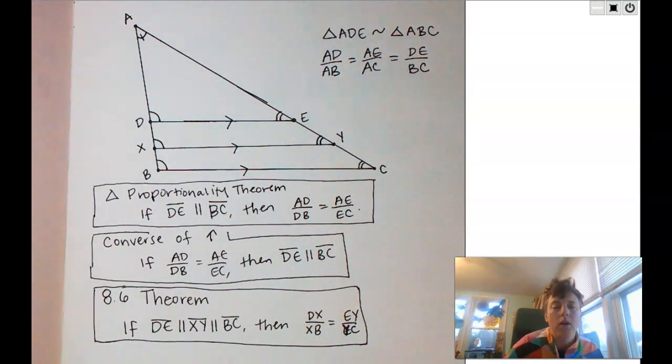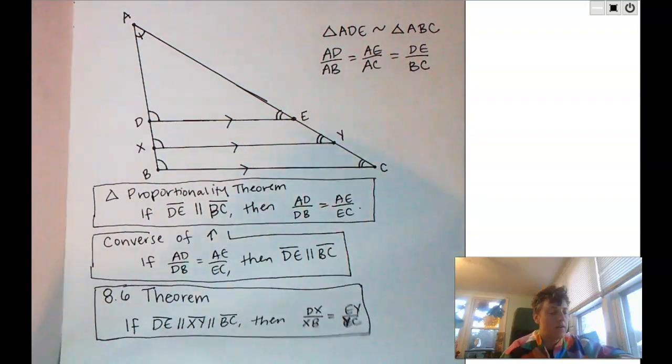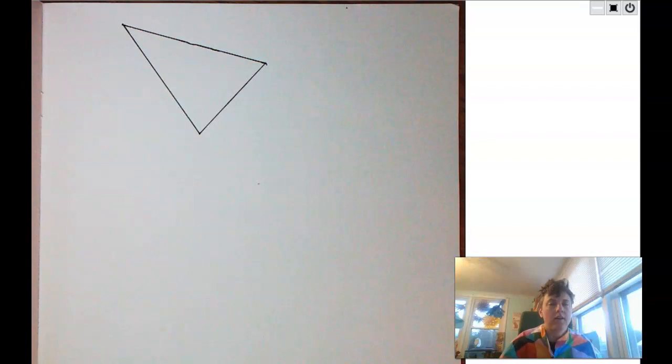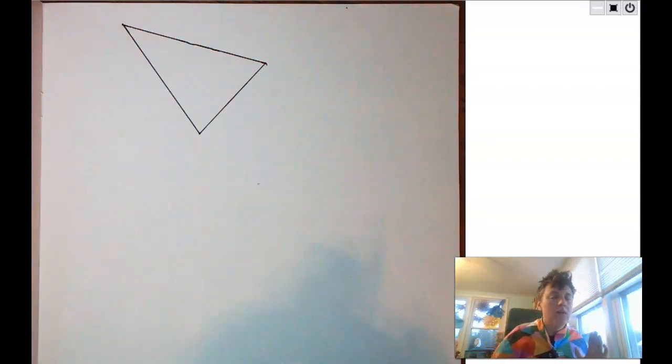EY over YC. Alright, there's one more cool theorem we're going to use, so we'll need some more space to draw another triangle. Voila, our other triangle. Now, follow with me here. We're going to take one of these angles and split it perfectly in half.